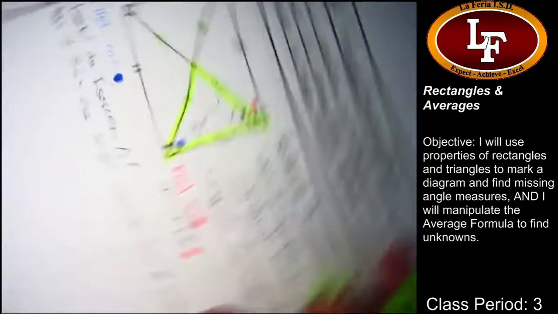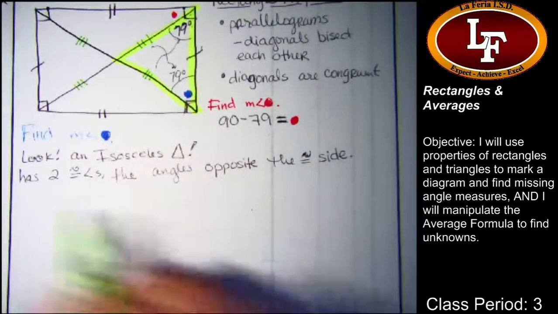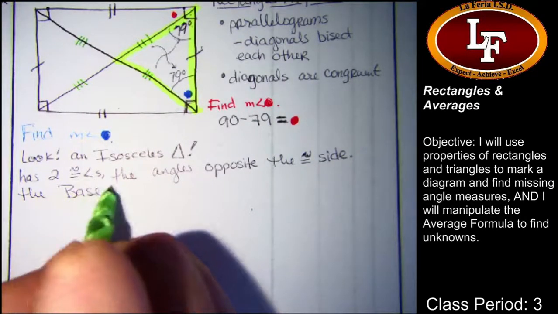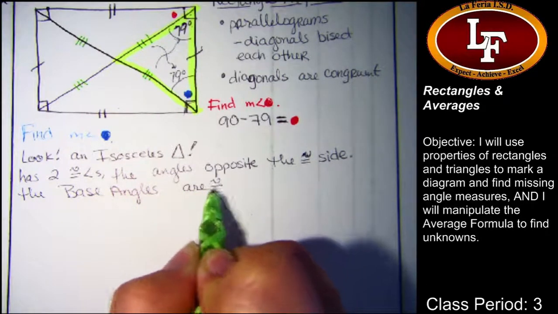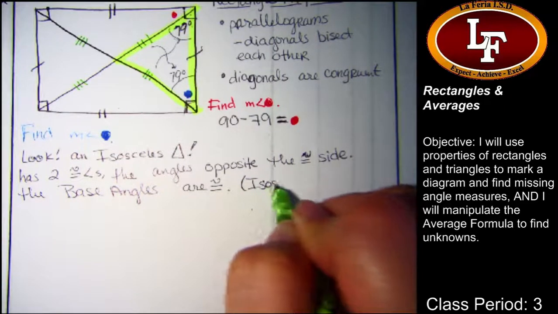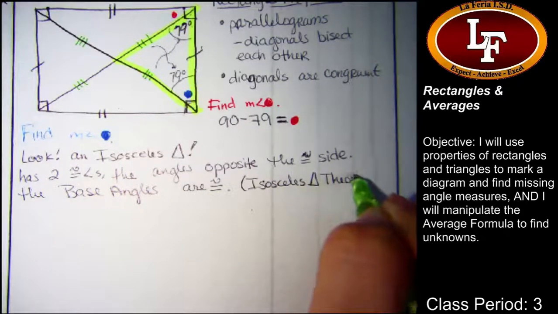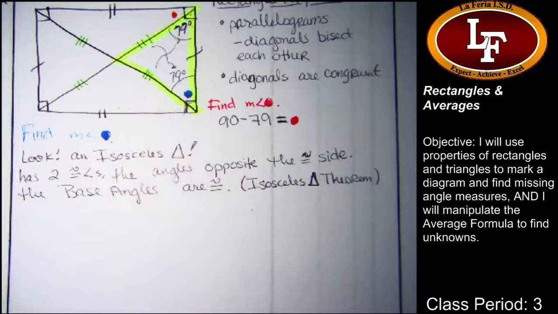That would be a really easy way to refer to those two angles. All right, so we'll call them base angles. So the base angles are congruent, and this is given to us in the isosceles triangle theorem. There we go.